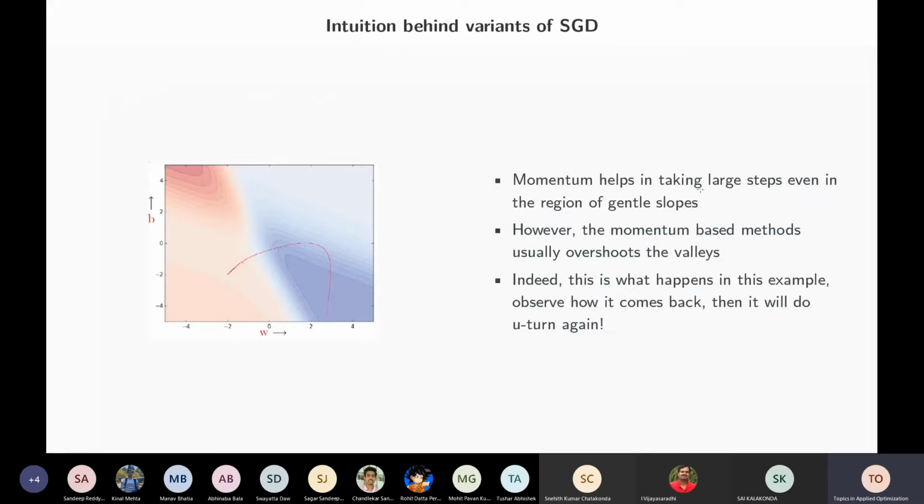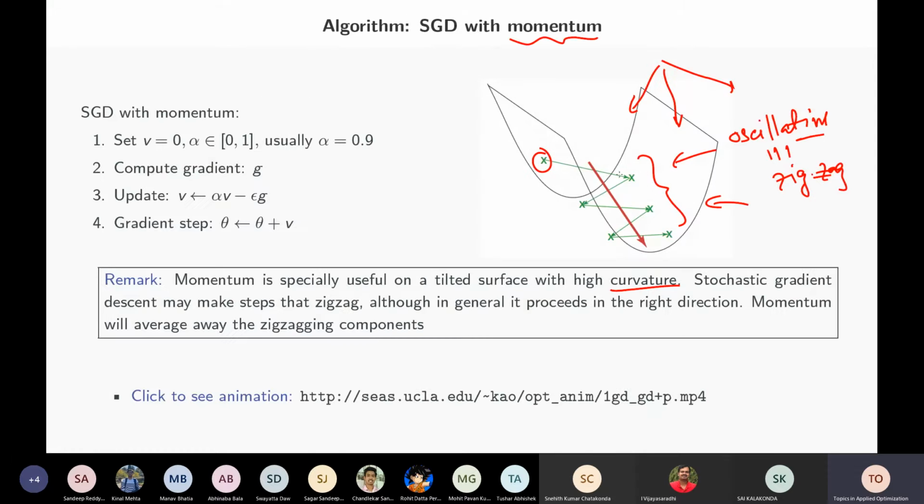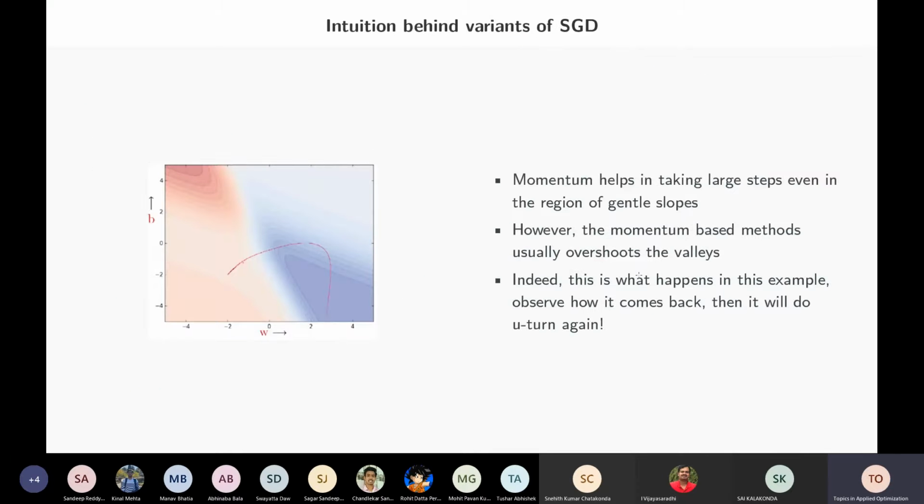Momentum also helps in taking large steps. Your direction was to go here, but since you are oscillating a lot, you are moving very slowly, though your average direction should have been this way. By using momentum, you will move much faster rather than oscillating.